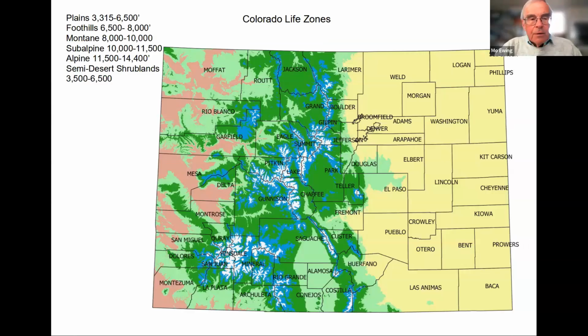It turned out that about 25% of the plants that are out here are also found in New England. So I've gotten to be really interested in what plants you find here and also in New England. And you'll see that as we get into this, I'll talk about that a little bit, with some examples.